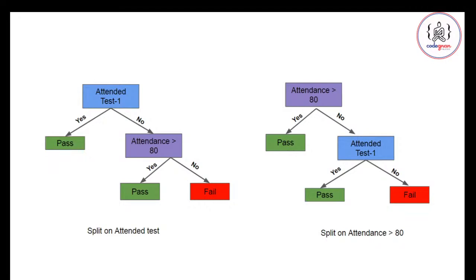Now how does the decision tree that we implement decide under the hood which variable to consider for the splitting first? How do we do that? How do we decide on which variable to split first? So let's move forward and see that.